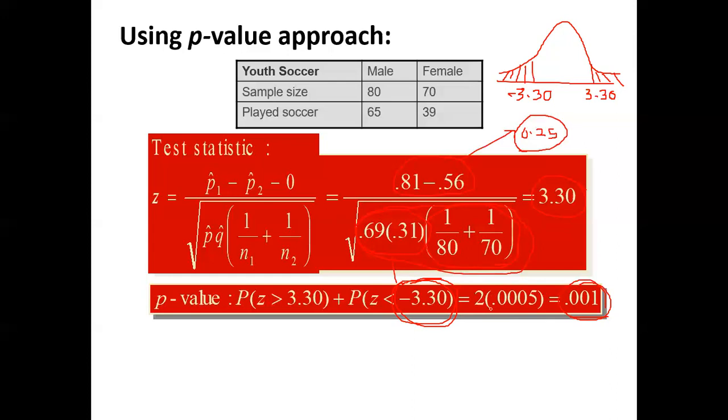So this is alpha equal to 0.0005 for the z value of negative 3.30.